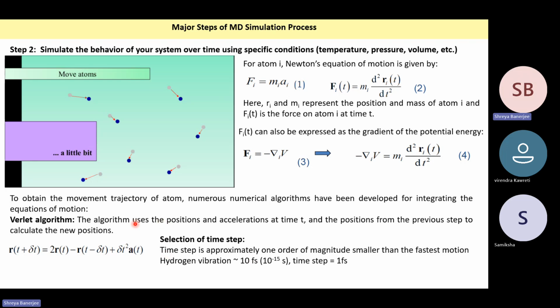For larger atoms, suppose carbon-sulfur, it might be something else. Then you change the time step accordingly. So the time step will be 1 femtosecond, but the vibration time scale can change depending on which atoms you are looking at. So this we have to know from the articles only. Yeah, correct.